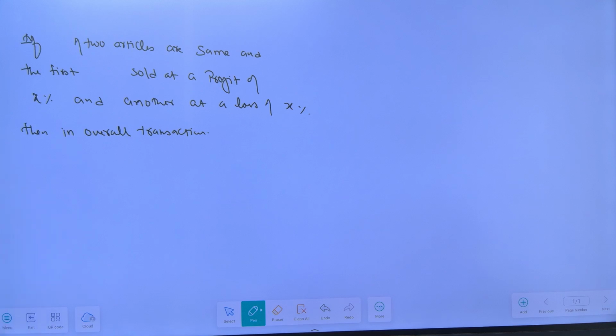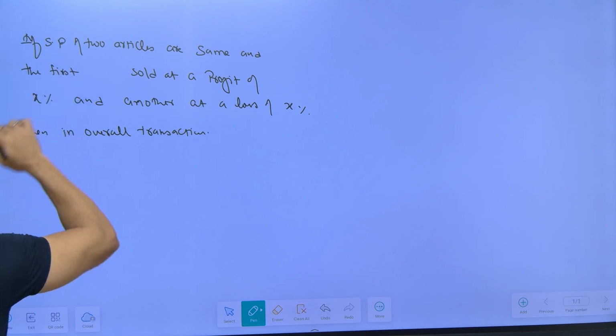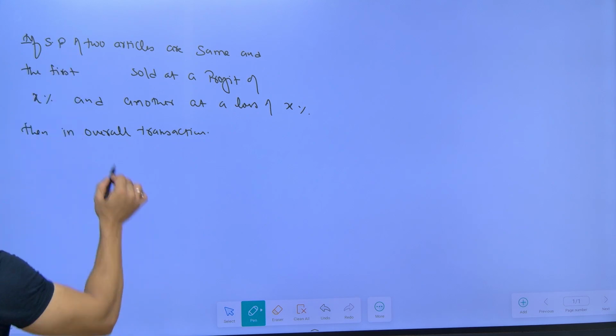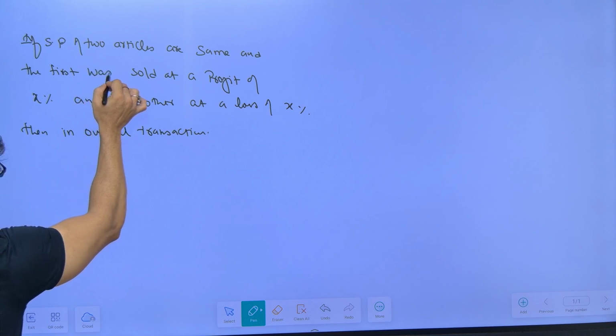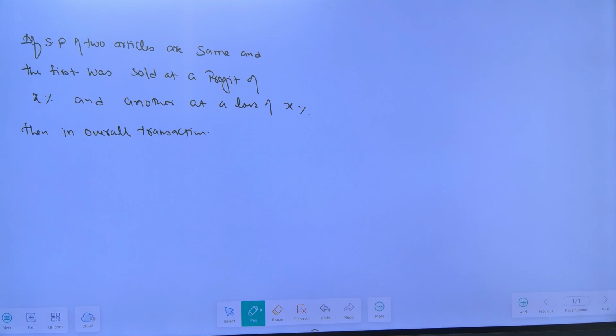Consider a second case. If the selling price of two articles is same and the first was sold at a profit of X%, another at a loss of X%, then in overall transaction, will there be a profit, loss or no profit, no loss? Selling price is same now.